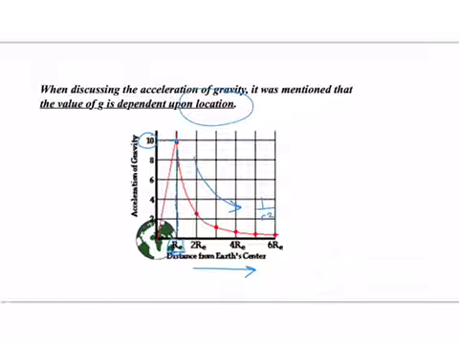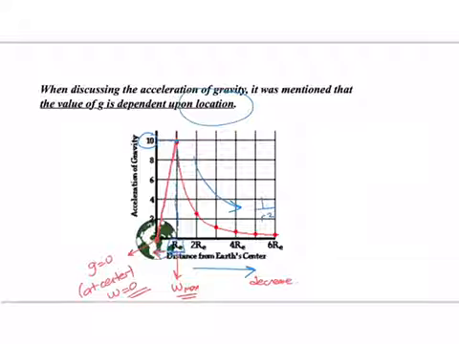When you go inside the earth toward the center, it decreases linearly and gets 0 at the center of the earth. That means your weight is 0 at the center of the earth. Your weight is maximum at the surface of the earth, and it decreases as you go further from the surface.